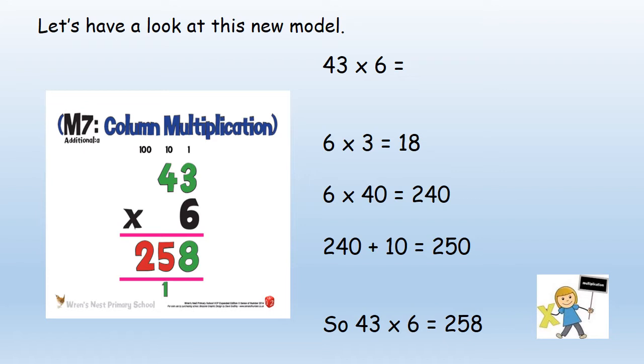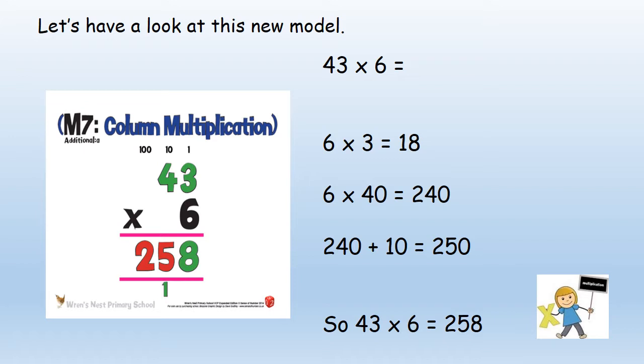Right, shall we have a look at this new model? 43 multiplied by 6. So, just as we did before, we'll start off by multiplying the ones. 6 times 3 equals 18.